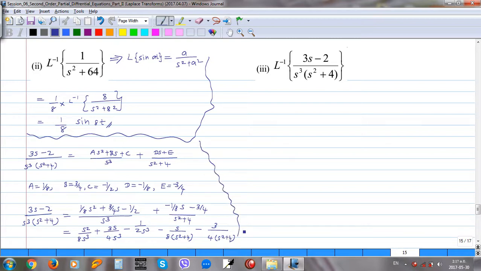Right, now I can apply the inverse Laplace here. Instead of this part we can write, then you can simplify: 1 over 8s, plus 3 over 4s square, minus 1 over 2s cube, minus s over 8 times (s square plus 4), minus 3 over 4 times (s square plus 4).